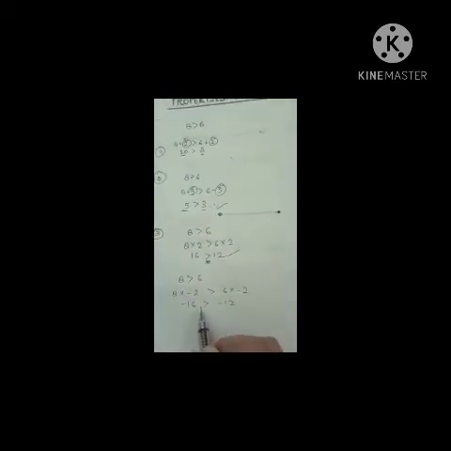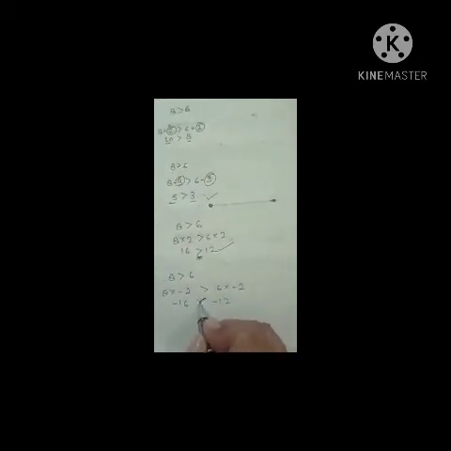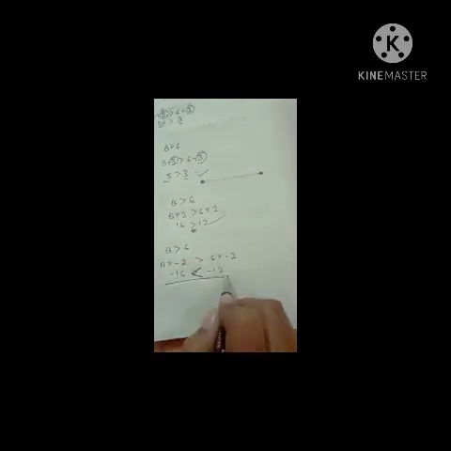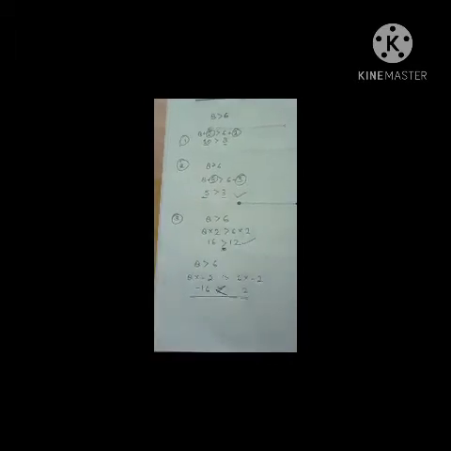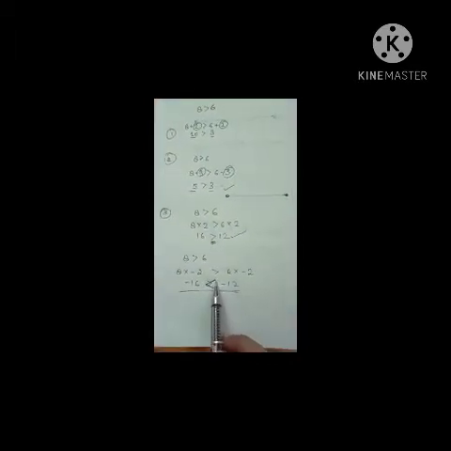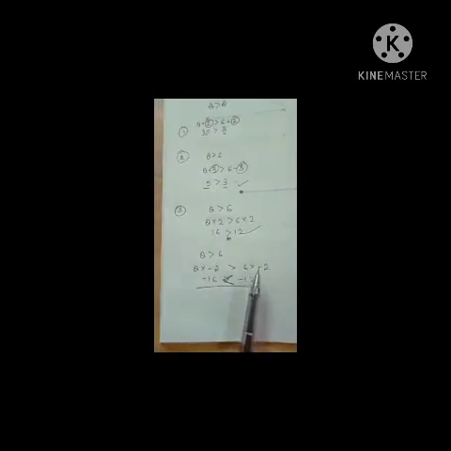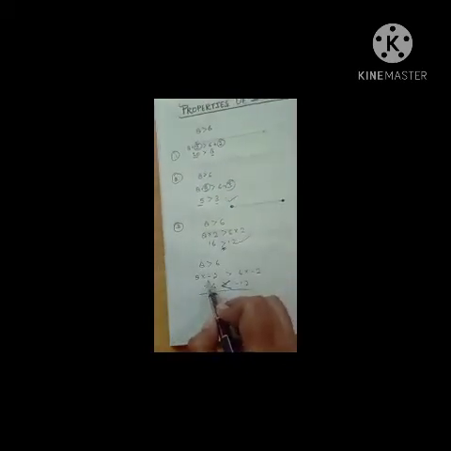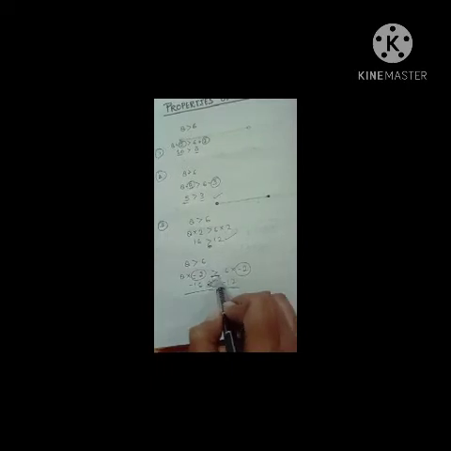So you can see that -16 is not greater than -12, right? -12 is greater than -16. This is true, right? So this is what the fourth property says, that an inequality is reversed on multiplying both sides by the same negative number.